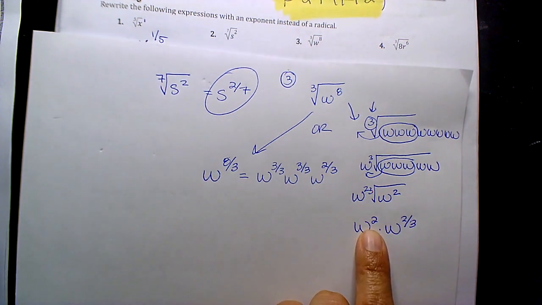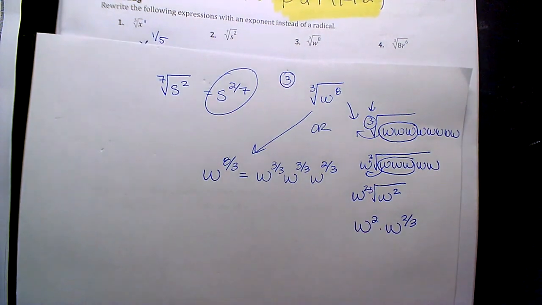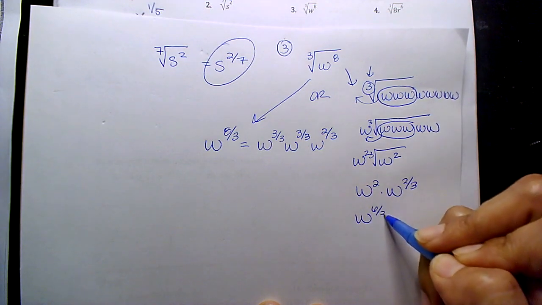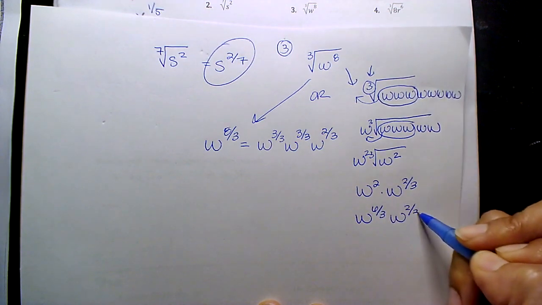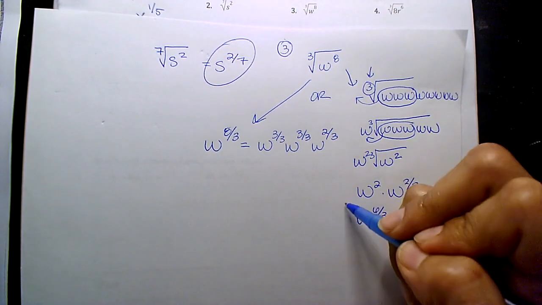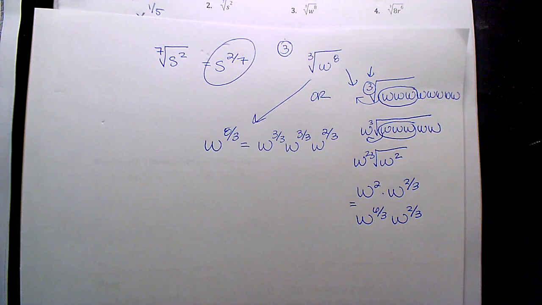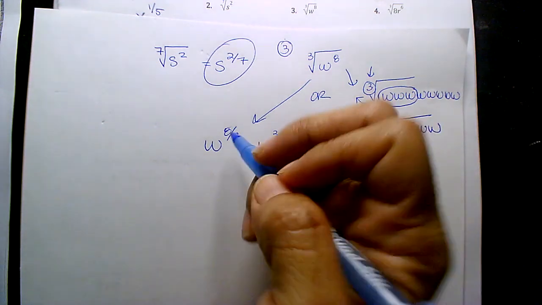Remember, this W squared is just an integer, but if you wanted to write it as a fraction, this is the equivalent. These two are equal to each other, because you need 3 for whatever the base is to come out of the radicand. So yes, W to the 8/3 is correct.